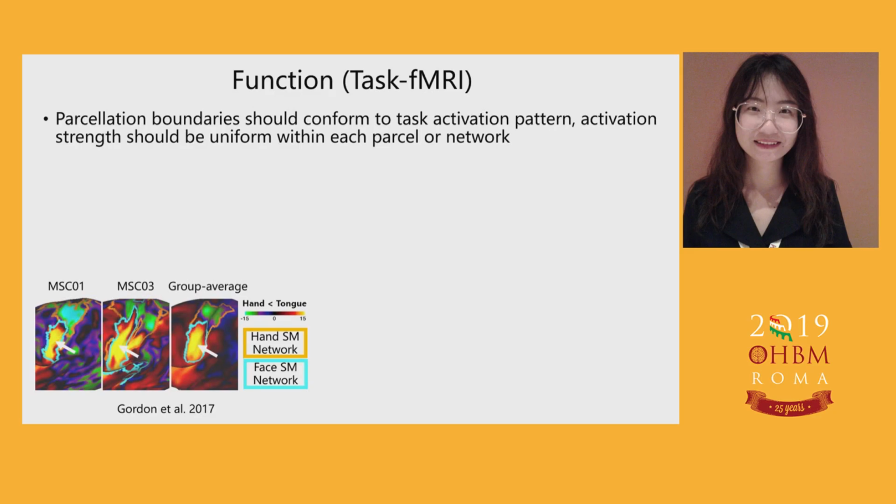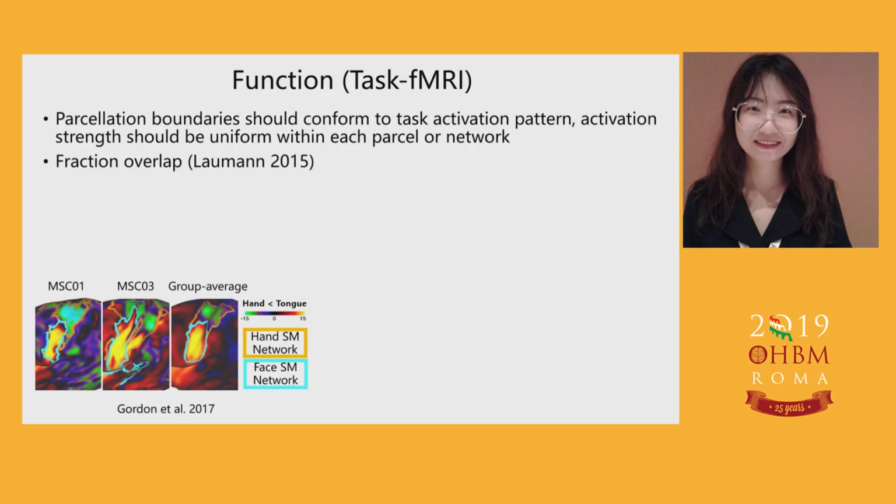The shape and the size of the task activation patterns vary across subjects. Therefore, if we overlay the parcellation boundaries on the task activation patterns, we would want to see that the task activation strength is uniform within the parcel or network.